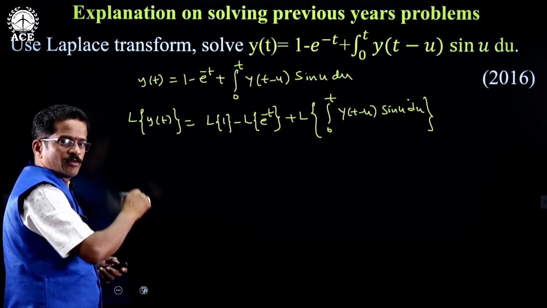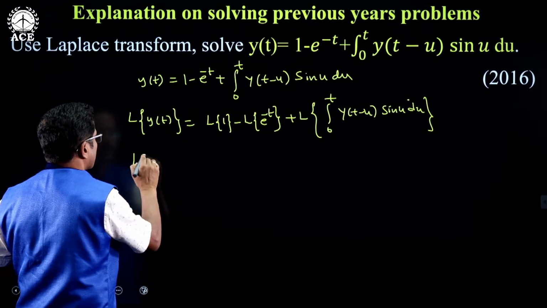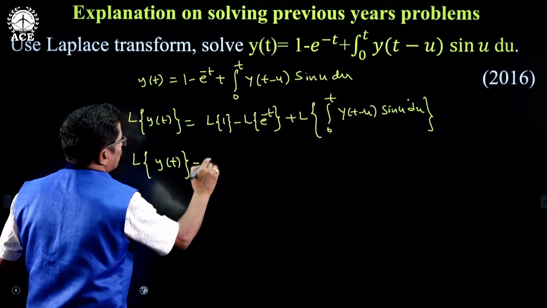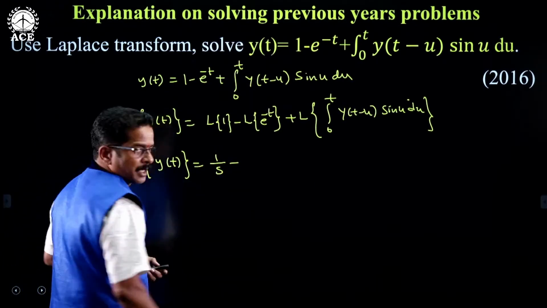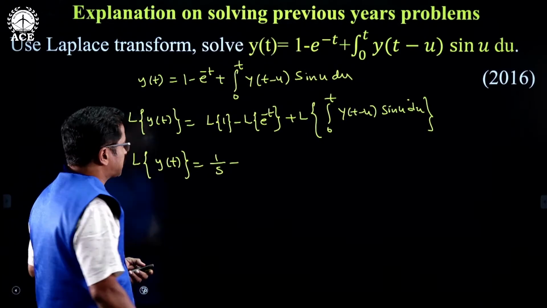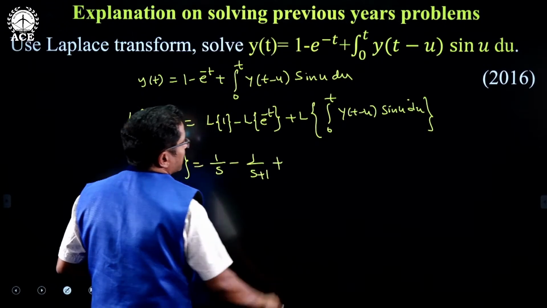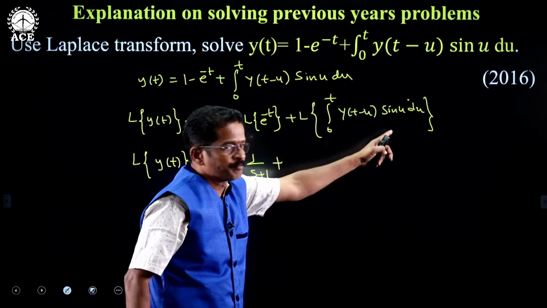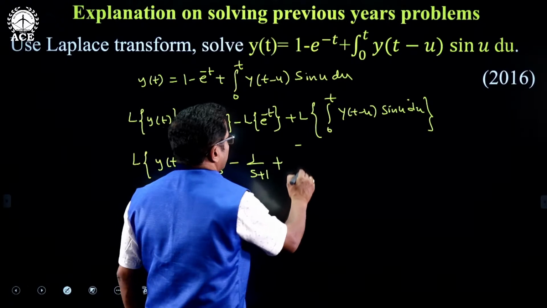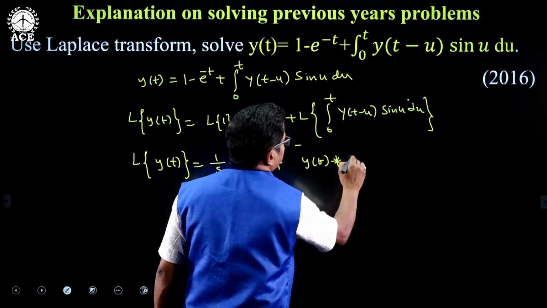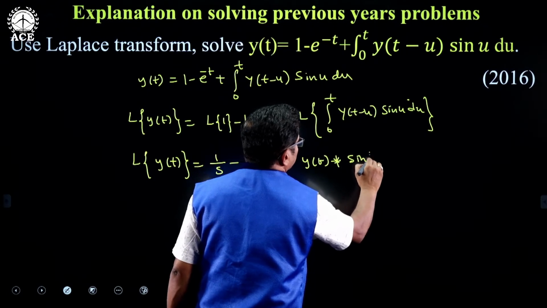Okay, so L of y of t: L of 1 is 1 by s. L of e power minus t is 1 by s plus 1. Plus, and this is what? y of t star sin t.